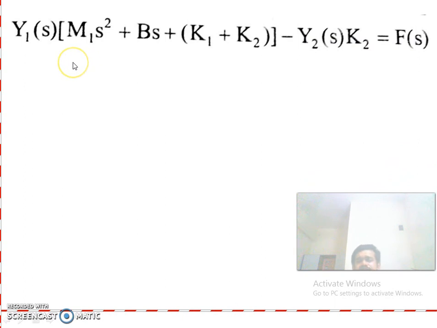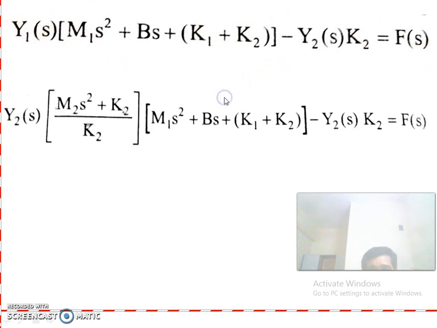So after calculating Y1 of s, we are going to the previous equation. While applying Laplace transform to the differential equation, what you have got from the mass m1, you are having this term. So here in this place you are substituting the value of Y1 of s.